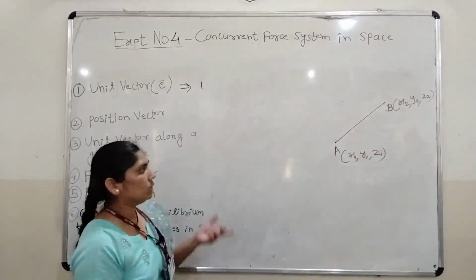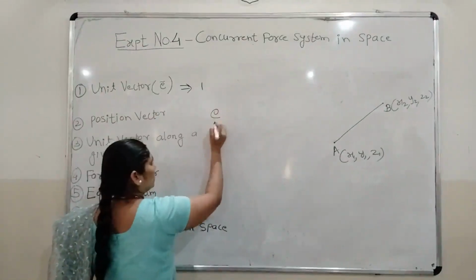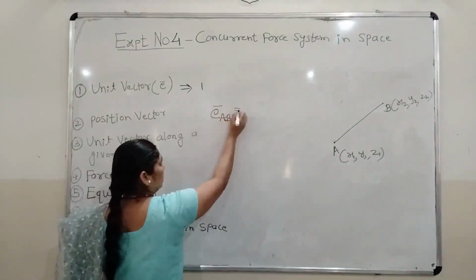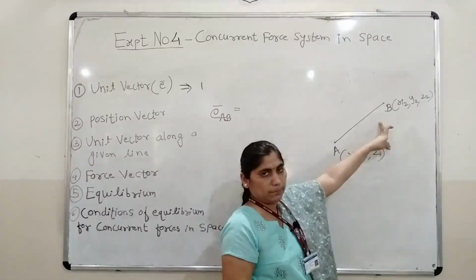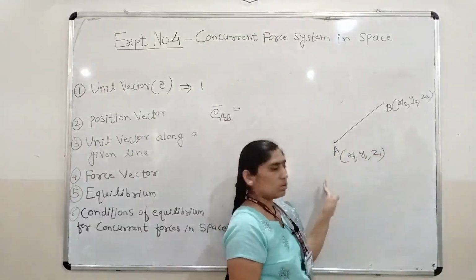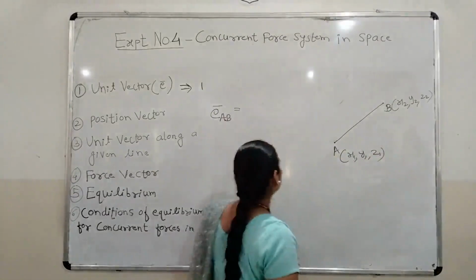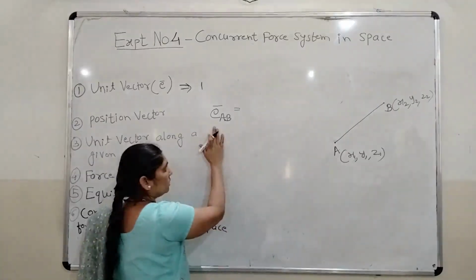We have to find out the unit vector along the line AB. So unit vector is denoted by e along the line AB. So that means we are going from A to B. So for that, coordinate of B minus coordinate of A divided by the magnitude of the coordinates of that points gives you the unit vector along that direction.